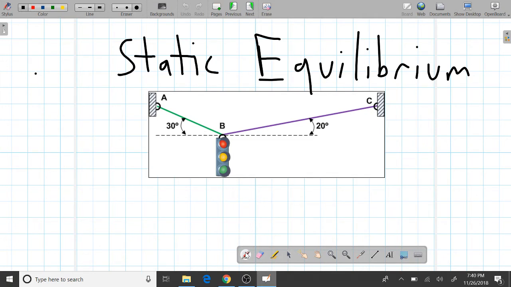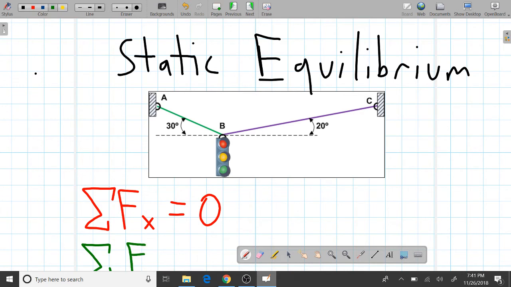And it is always true that any time you are in static equilibrium, the sum of your forces in the x direction is equal to 0, and the sum of all of your forces acting in the y direction is also equal to 0. That's true for any situation that is in static equilibrium, meaning the system is not accelerating.